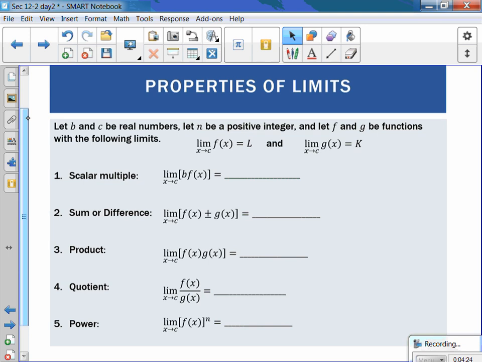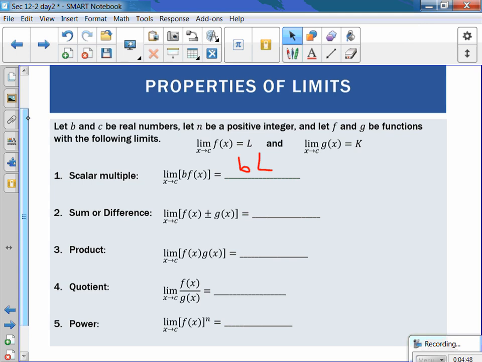So I'm multiplying my limit by b. So the limit of b times f of x as x approaches c. Absolutely, b times L. Think of that scalar multiple, we just pull it on out to the front. And then I'm just left with the limit of f of x as x approaches c, which we already know is L.